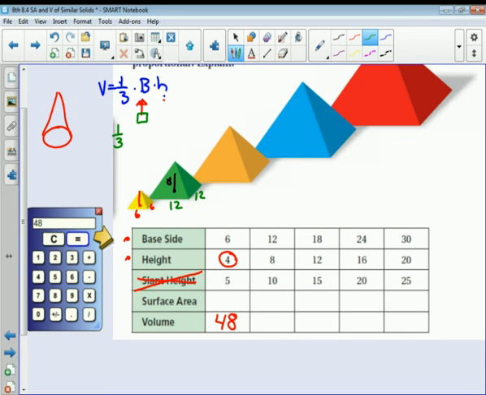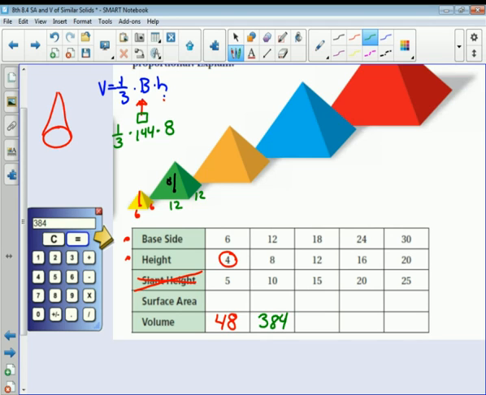So that's 12 by 12 is 144 times my height I said was 8. So on my calculator, I'm going to do 144 times 8. Get that answer. Now I'm going to divide that by 3 because that's a third of it. And it gives me 384.